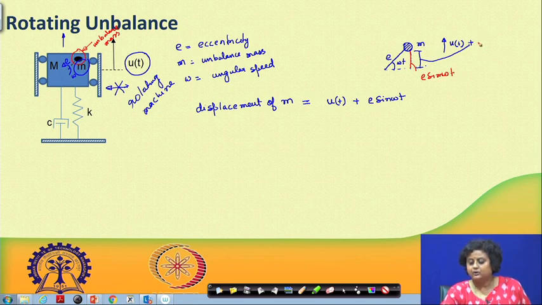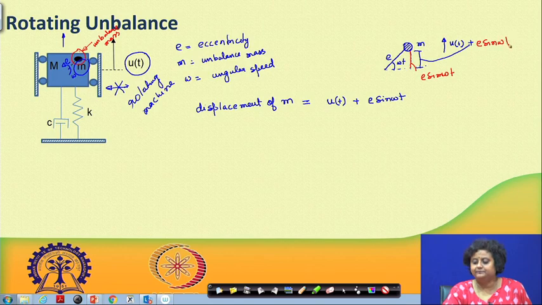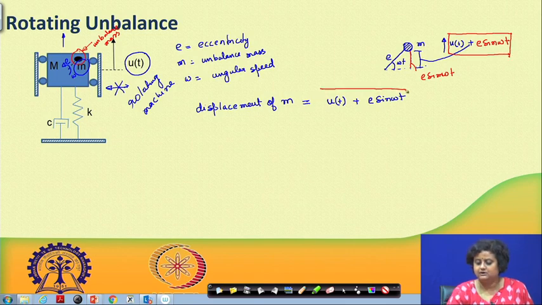Therefore, the total vertical displacement undergone by the small mass m is u(t) plus e sin omega t. So, this is the total vertical displacement of mass m. That is what I have written here.